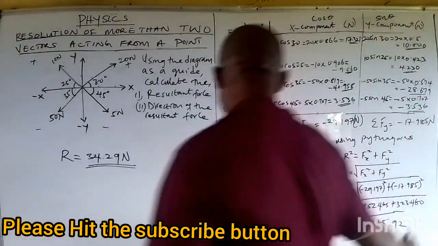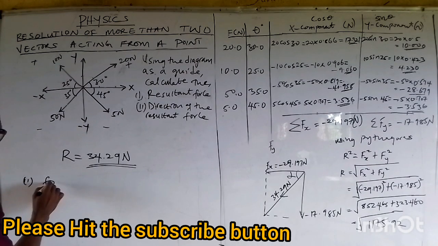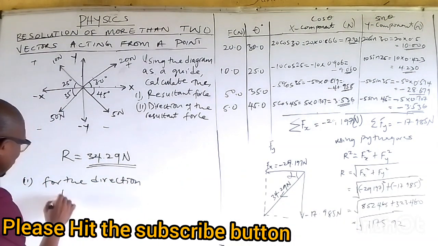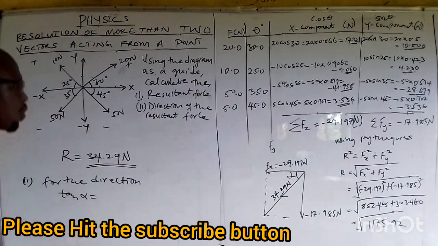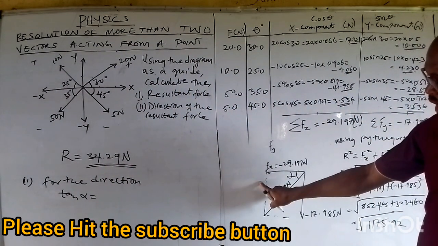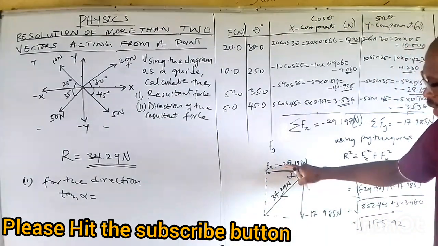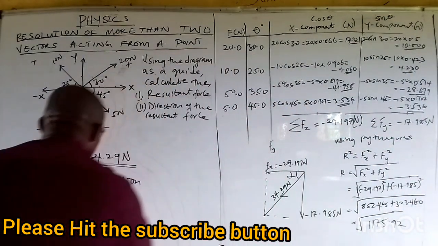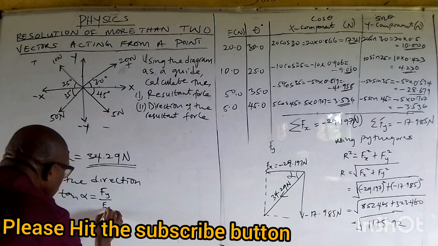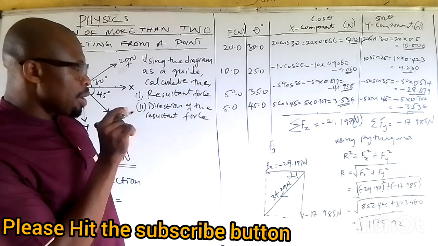Now we can take our direction, which is the second question. For the direction, we have tan alpha equals, and of course, this is our opposite, this side facing the angle. Opposite, which is the y-axis, all over the adjacent, which is the x-axis. Tan alpha is Fy all over Fx. At this point, you don't consider the negative sign.